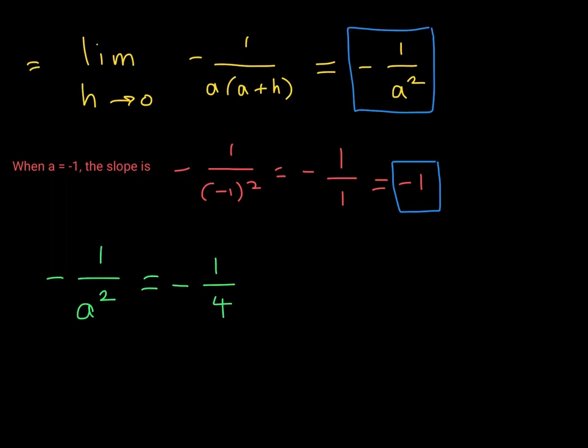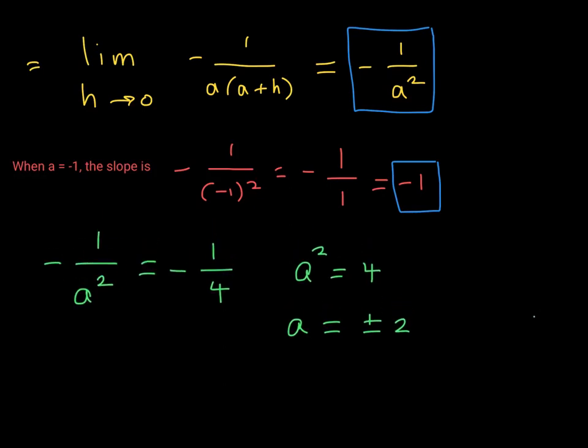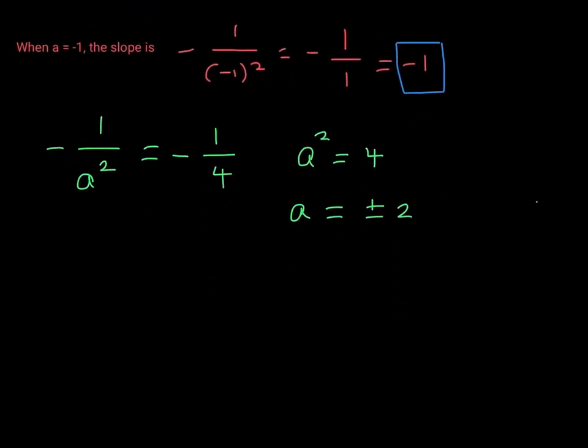All right, so now we just have to solve for a. We can cross multiply here, and when you do, you get a squared is equal to 4, right? Which leads us to two solutions for a. Either a is plus or minus 2. Remember that our curve is y equal to 1 over x.